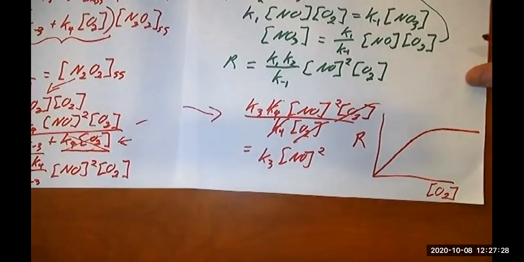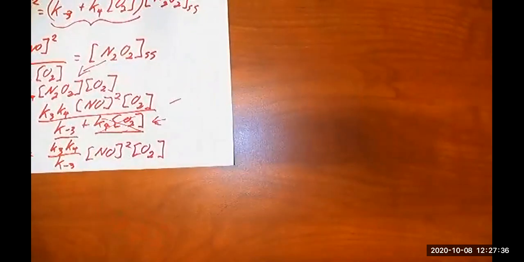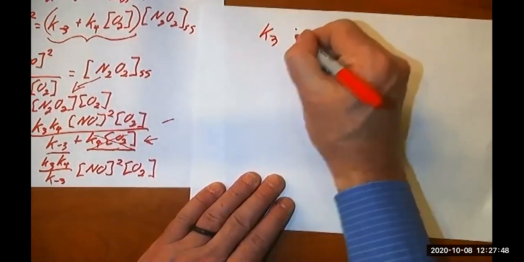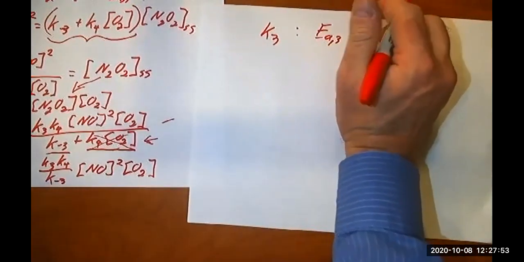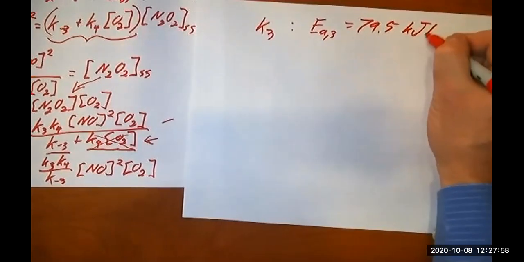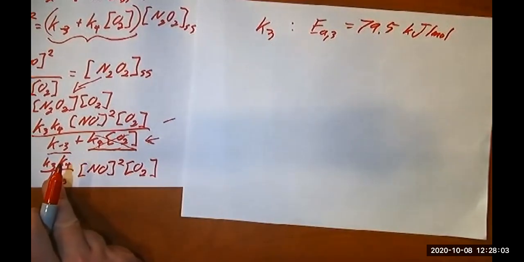Another thing I'd like to point out, let's suppose that we're still operating in this regime right here. And let's suppose as well that we know something about the activation energies of each of these rate coefficients here. So we'll say that our K3 has an activation energy of 79.5 kilojoules per mole.